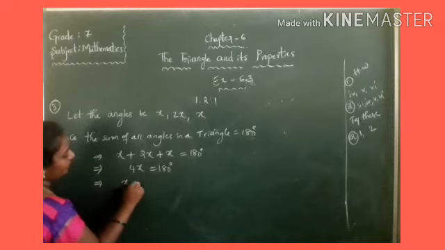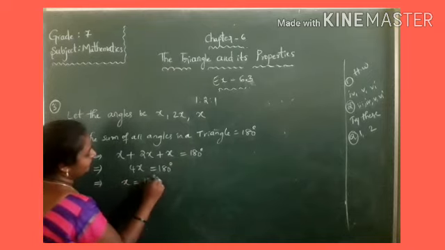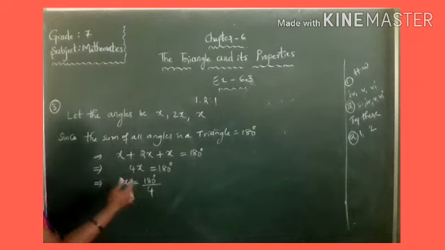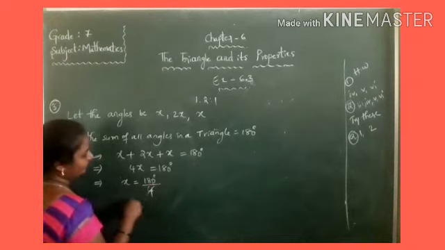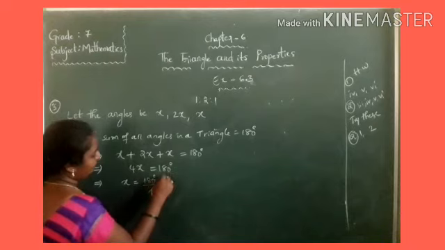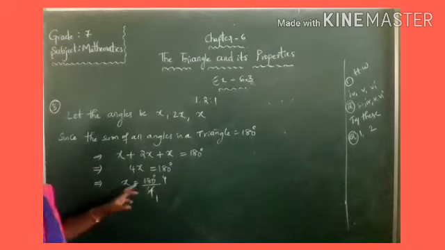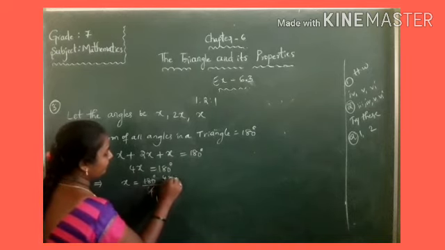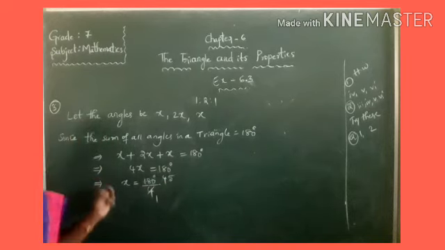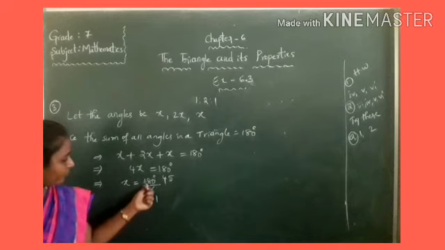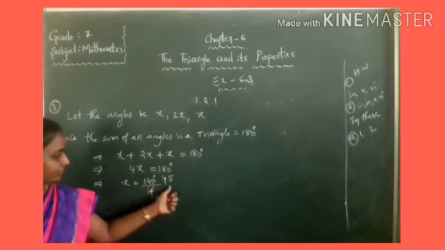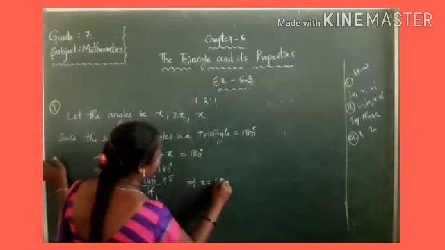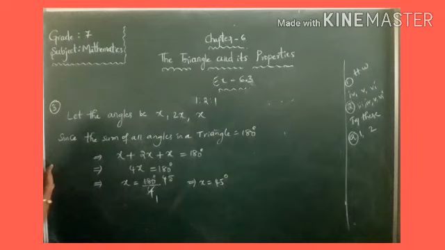Now x is equal to 180 degrees by 4. Multiplication becomes division. 4 ones are 4, 4 fours are 16, and 2 is the remainder, so 20 is there. How many times is it divisible? 5 times. 4 fours are 16, 4 fives are 20. So x is equal to 45 degrees.